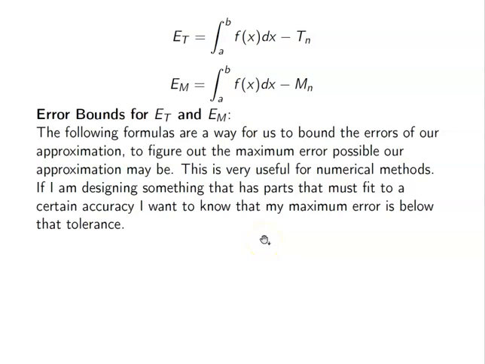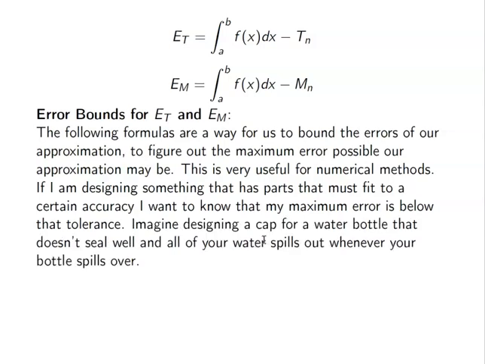So if I'm designing something that has parts that must fit to a certain accuracy, I want to know that my maximum error is below that tolerance, right? So imagine designing a top for a water bottle and it doesn't seal well. And every time you move around, your water spills all over you and out of your water bottle. That's not a very well-made water bottle, right?